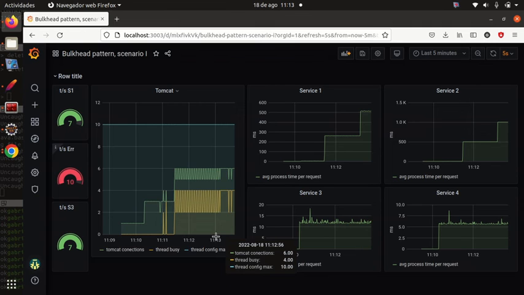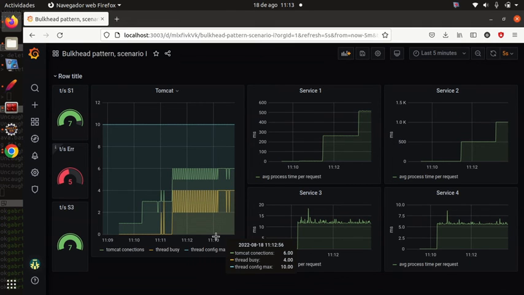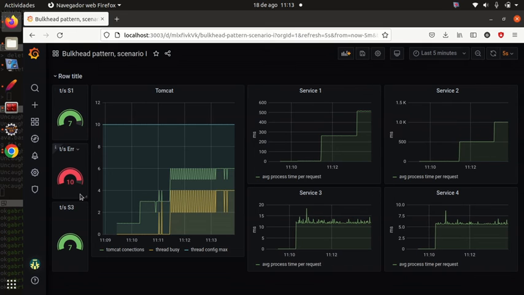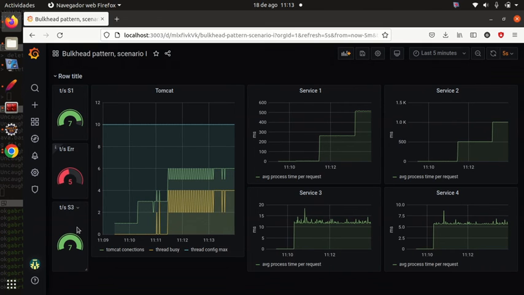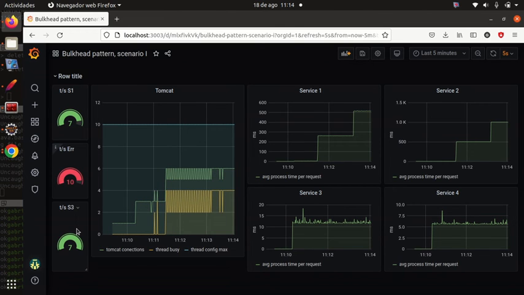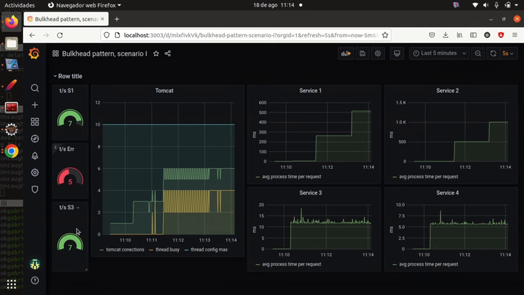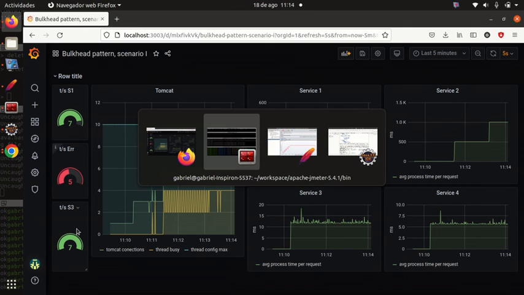Our server is working very well. Of course, we have a lot of rejected transactions, but we can also observe that the number of transactions per second processed by service 3 remains at a constant level, 7 transactions per second. So let's see the client perspective.